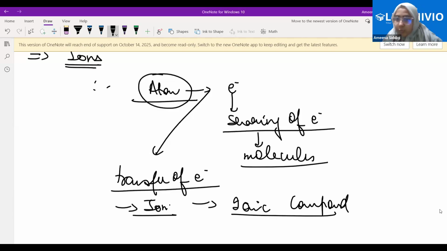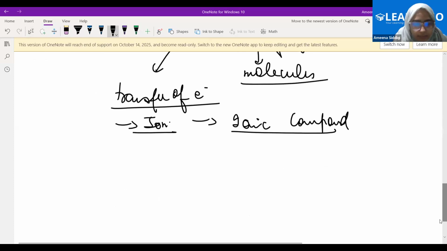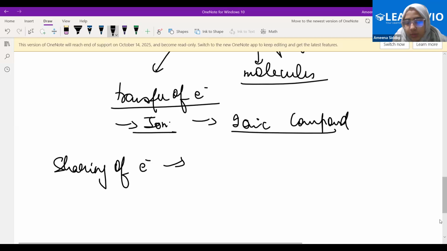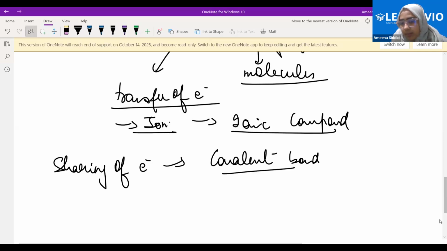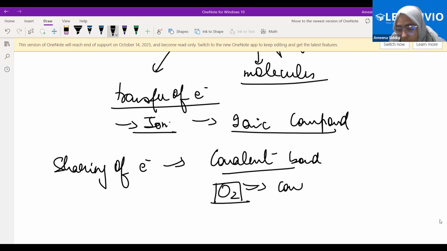Ionic compounds are formed by the transfer of electrons. Sharing of electrons leads to the formation of a covalent bond. So O2 here is a molecule. Is it a molecule? Yes. And it has been formed covalently.